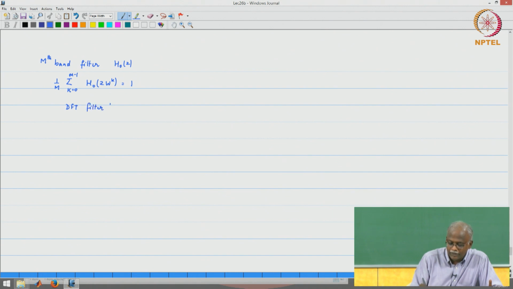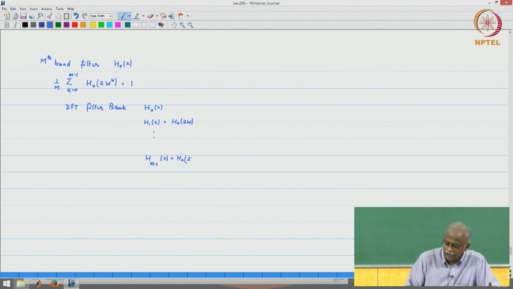Now, I would like to write down the DFT filter bank, which is basically h naught of z, h1 of z, which is equal to h naught of zW, and the last one is h m minus 1 of z, equal to h naught of zW^(m minus 1). Okay, so this is the DFT filter bank.